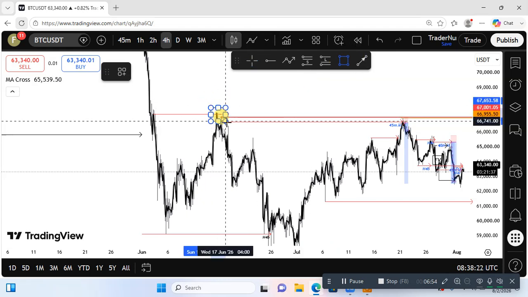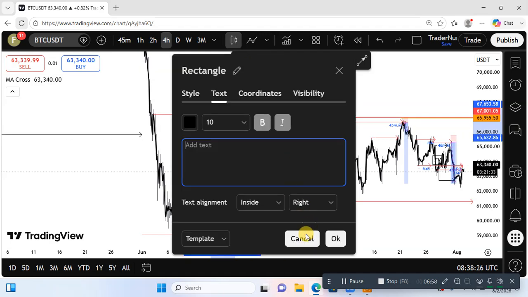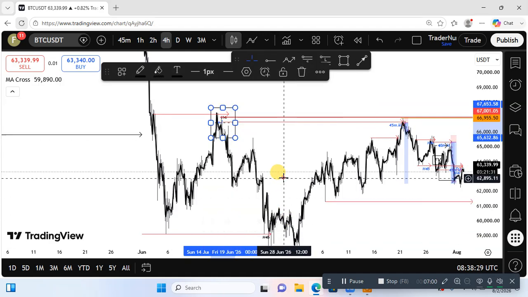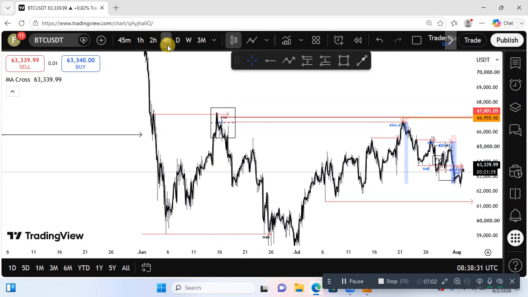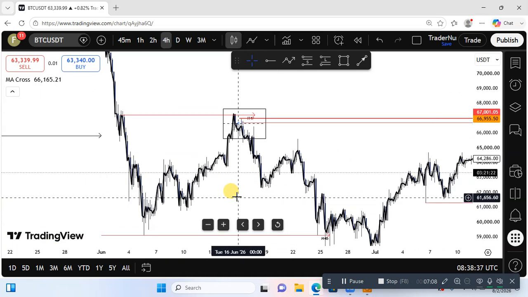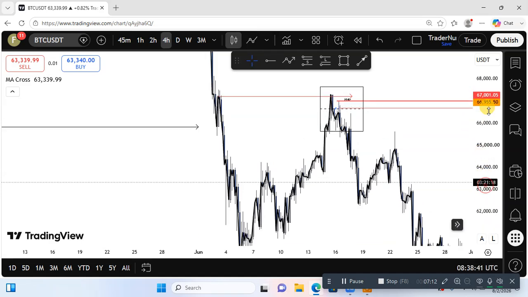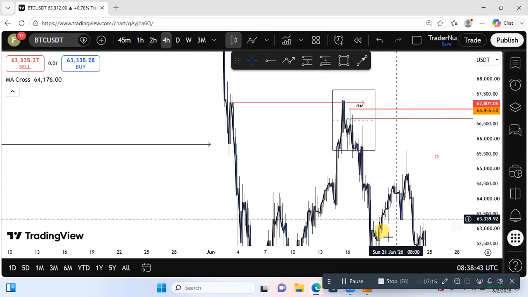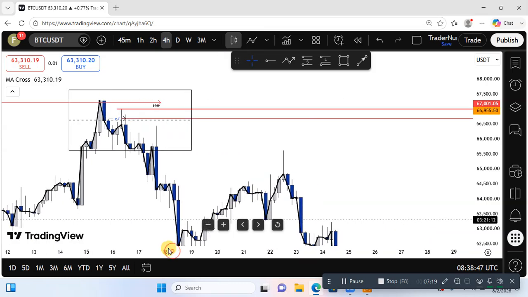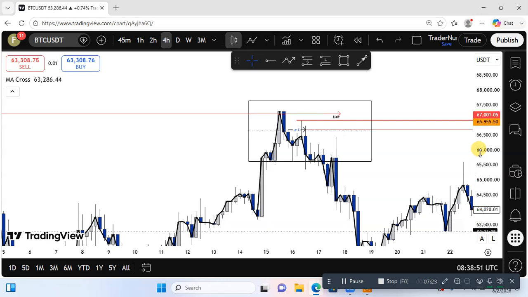So I'm going to zoom in so that we will see what is going on inside that point on the H4, because that is where price is going to come back to react. So on the H4, we are zooming in now to see price reaction.